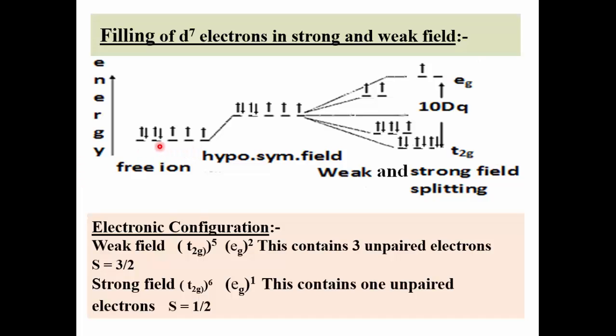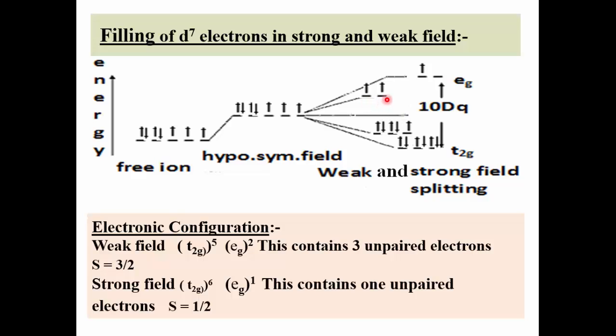d orbital contains 7 electrons. In hypothetical symmetrical field, the position of electron remains same in d orbitals. And now see, in weak field what happened? This is the first, second electron, third electron enters into T2g orbital. Again, as 10 Dq value is smaller, the fourth electron enters into Eg orbital.